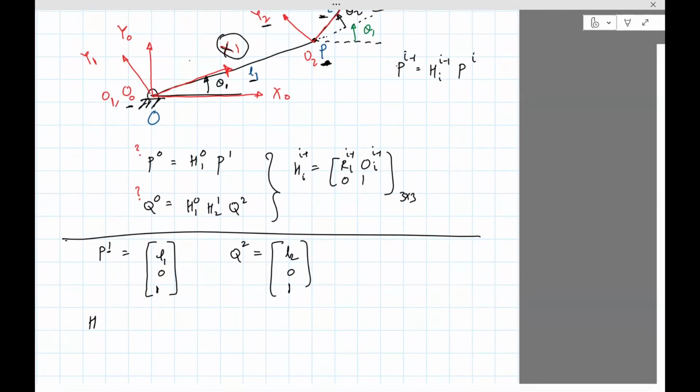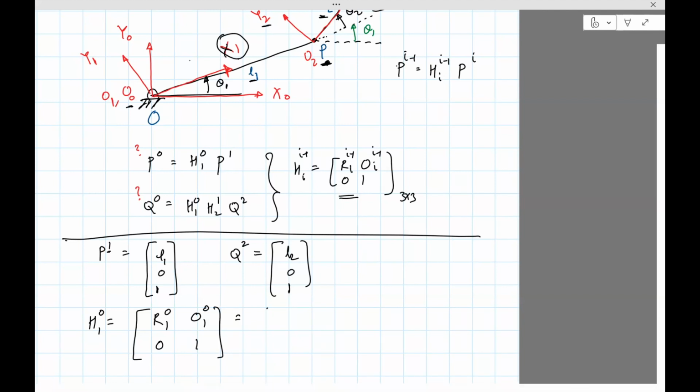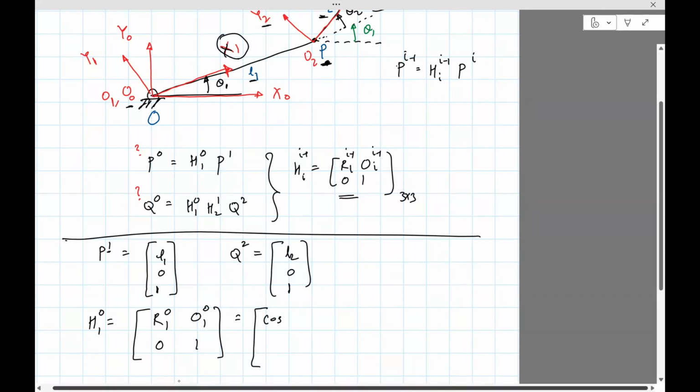Now we need to figure out what H10 is. That is R10, O1, 0, 0, and 1. I'm just going by this formula. R1 with respect to 0 is a formula which I derived. You just need to know what angle corresponds to frame 1. It's theta 1. So cosine theta 1, minus sine theta 1, sine theta 1, cosine theta 1.